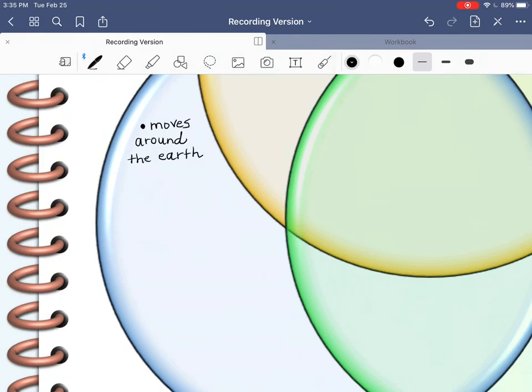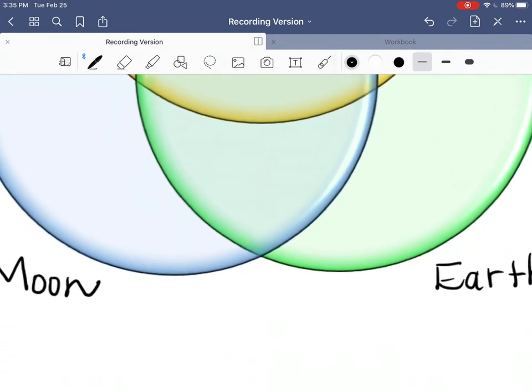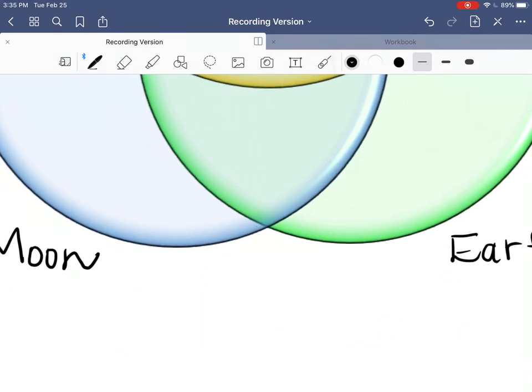What if I said moves around the sun? Moves around the sun. Well, that's true of both the earth and the moon. Both of them are moving around the sun. So I'm going to put those in this piece where the earth and the moon share a space, because both of them move around the sun.